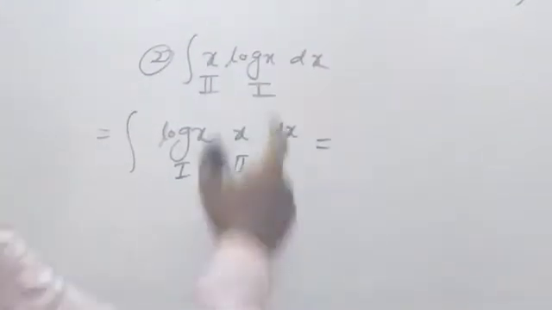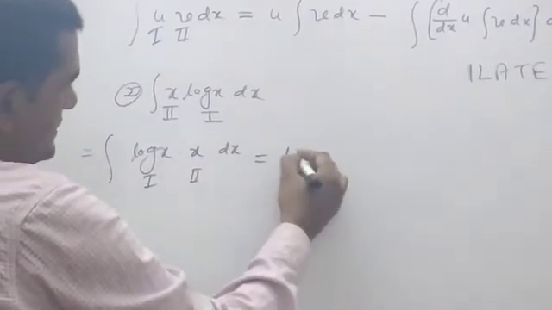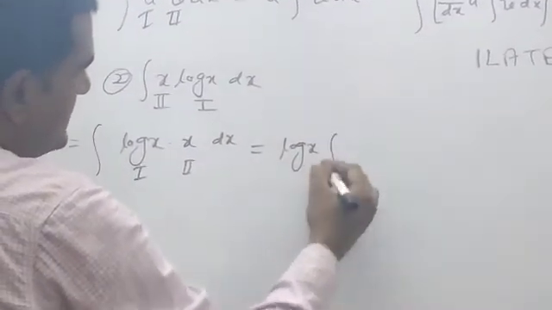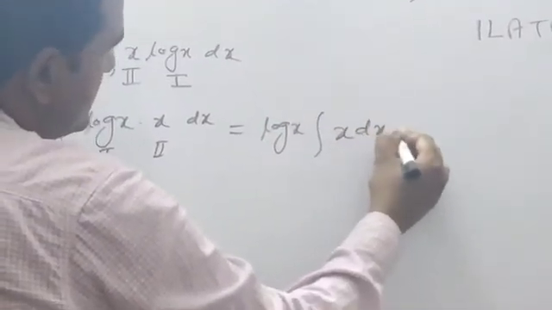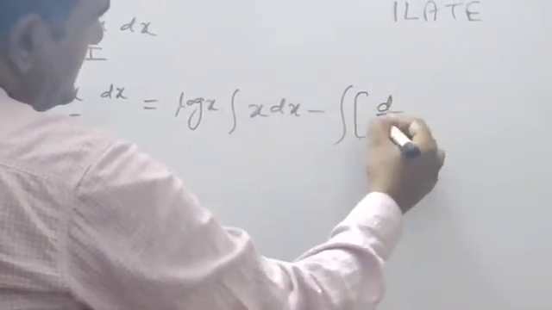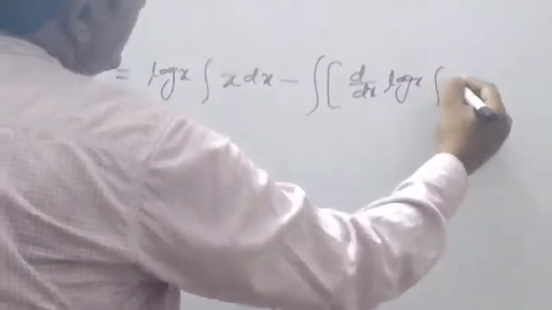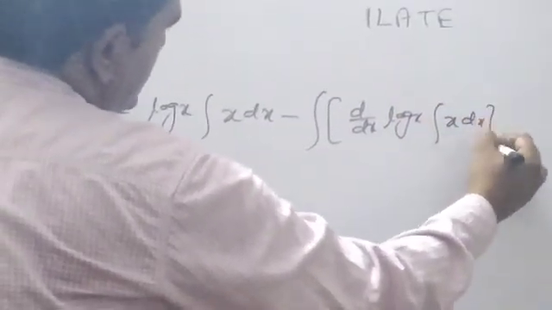Now we put this in the formula: the first function log x times the integration of x dx, minus the whole integration of the differentiation of log x times the integration of x dx.